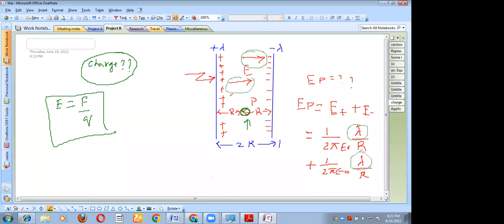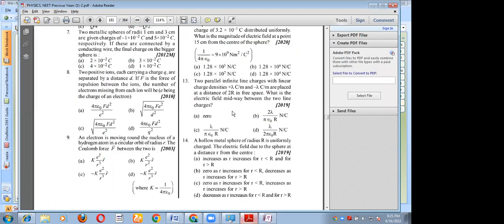By mistake, we may take plus lambda and minus lambda and put the electric field as 0, which is wrong. If you see the options, the first option is also 0, and we make the mistake.